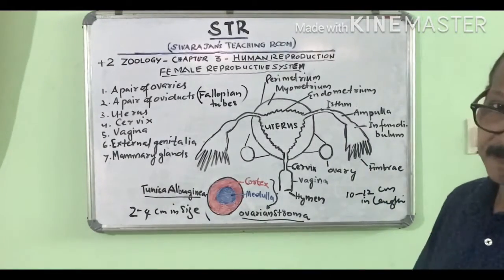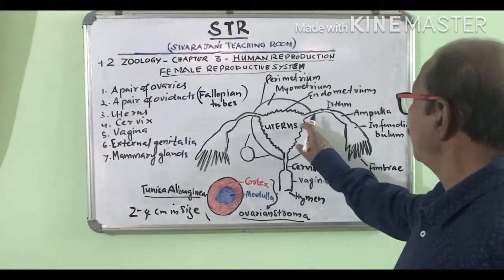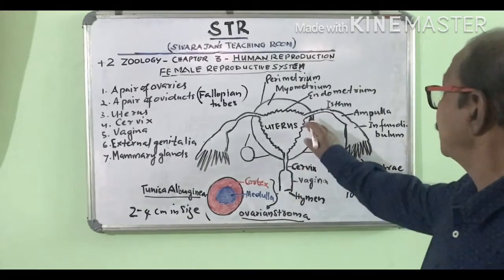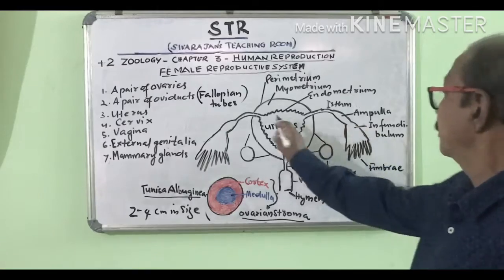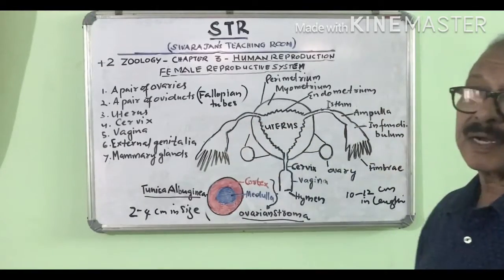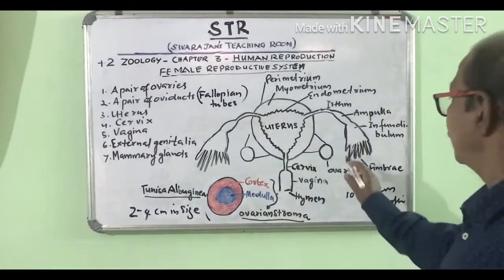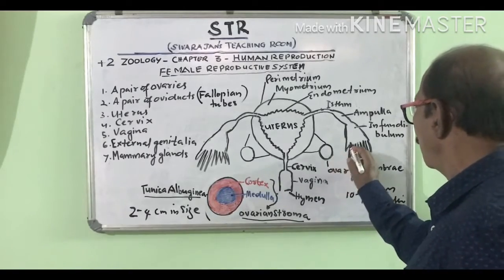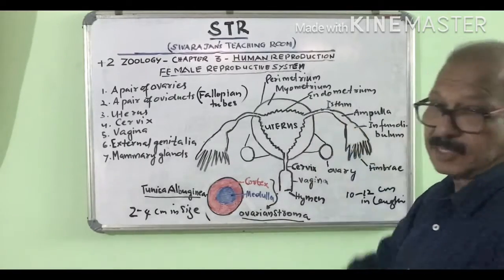It extends from the ovary to the uterus. So this is the oviduct, also called the fallopian tube. This is the ovary. So it extends from the ovary to the uterus.